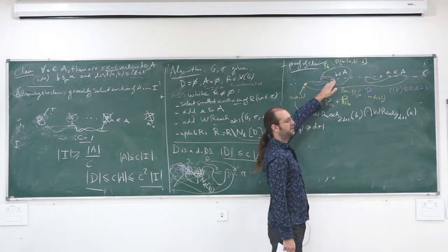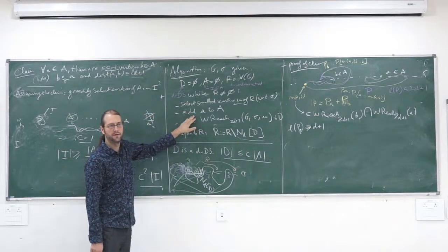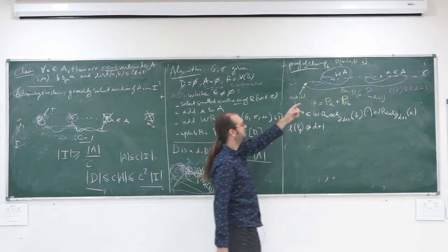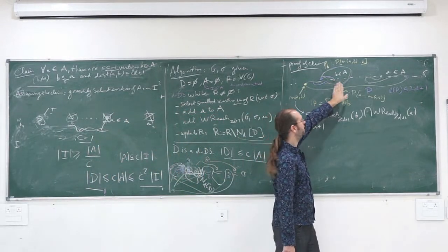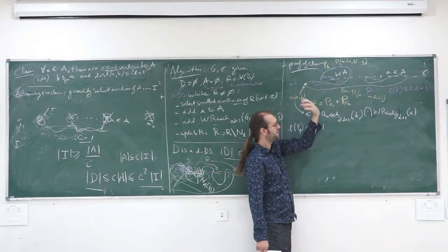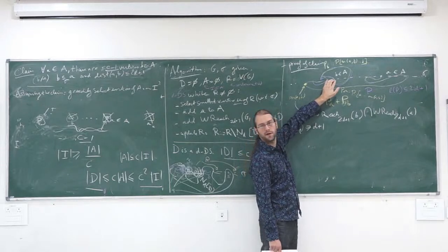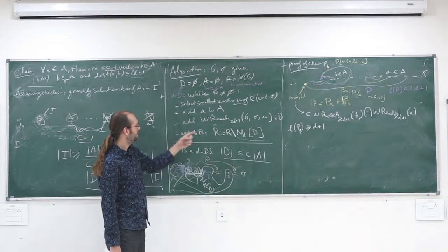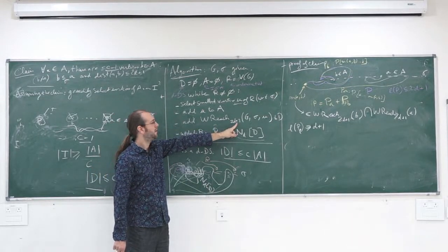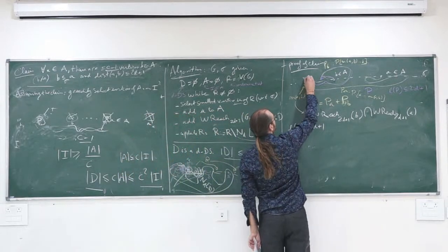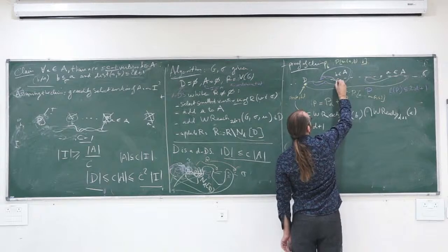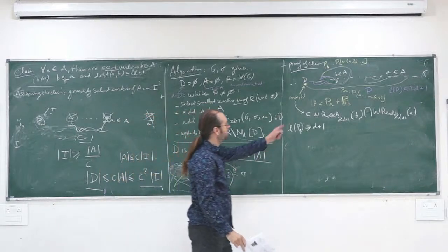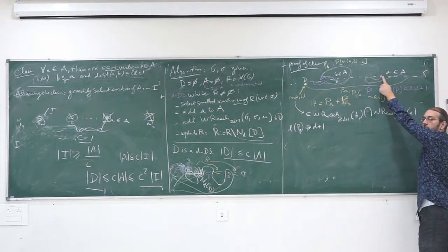So we know that we are processing these vertices from left to right, because we are always choosing U as the smallest. That means that B has been added to D before A. So the algorithm was designed like this: we first put B inside A and D. And now what we do, we add to D the weak reachability set of U. That means that this is in D. And this is in A and it's also in D. At this step where we have put this in A, we have put this in D. But this guy was still undominated because I was able to select it later.